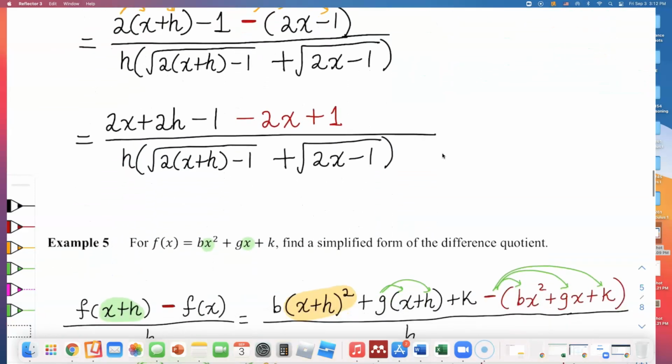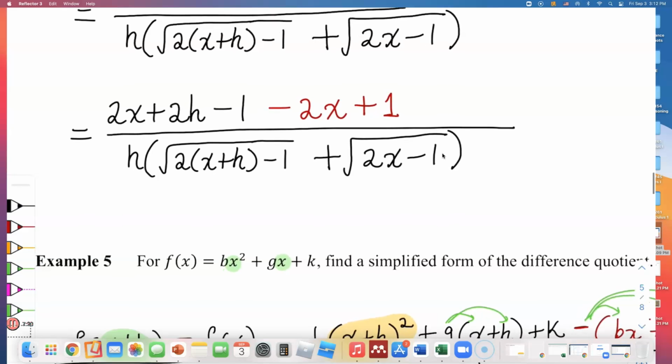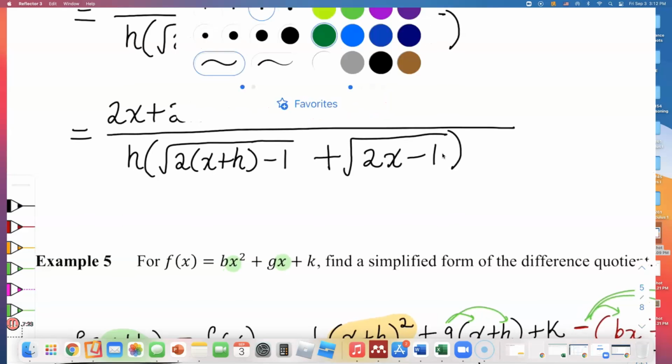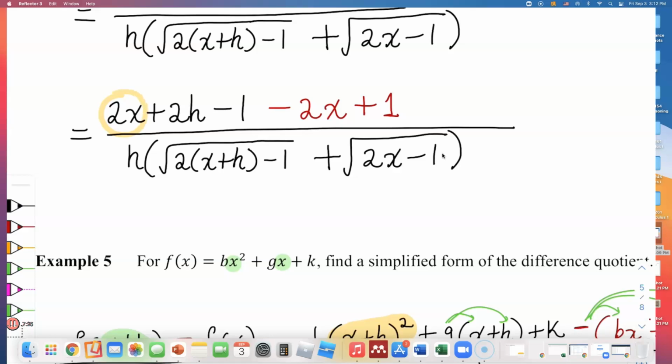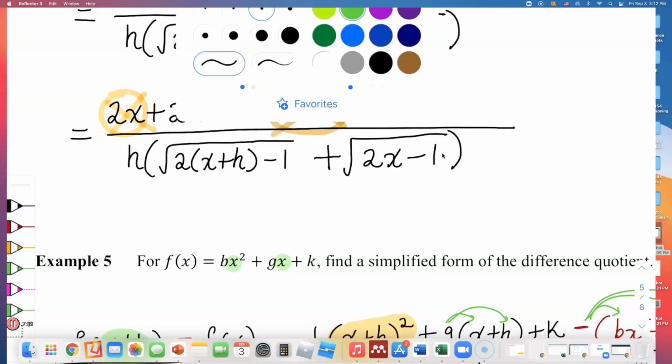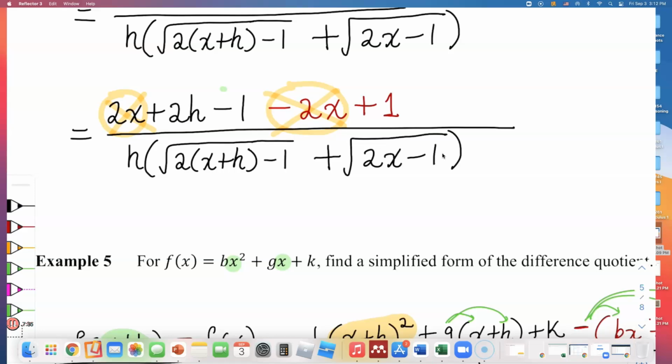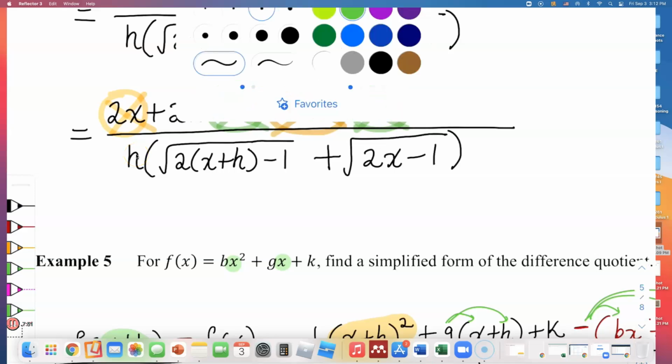All right, let's cancel some stuff out on the numerator. What will cancel out? Positive 2x and negative 2x cancel out. They're opposite. And I see the negative 1 and positive 1 will cancel out. Now look, the only thing left on top of the fraction is 2h. But notice what we have in the bottom. We also have h. So we're looking at h divided by h.